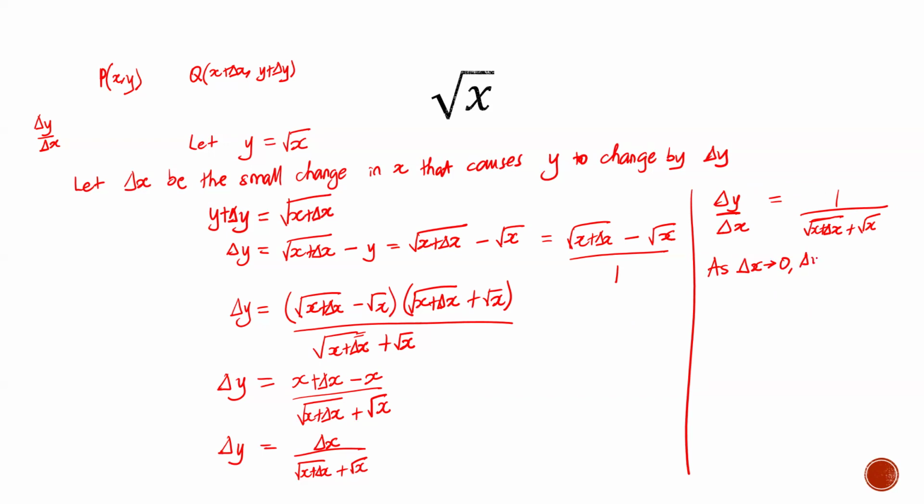As delta x tends to 0, delta y out of delta x tends to the gradient of the tangent at P, which is dy dx. And therefore, dy dx would be delta y out of delta x when delta x is 0. It's going to be 1 out of the square root of x plus 0 plus the square root of x, which is 1 out of 2 root x. That's how we get the gradient function of root x.